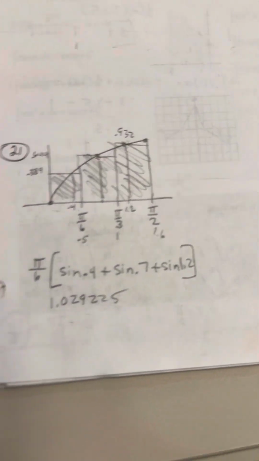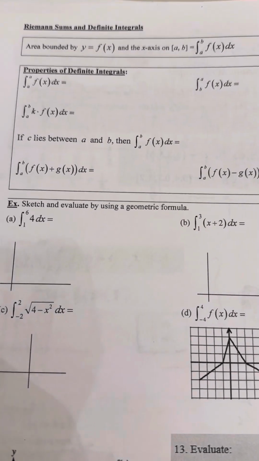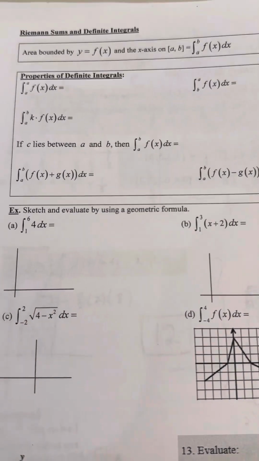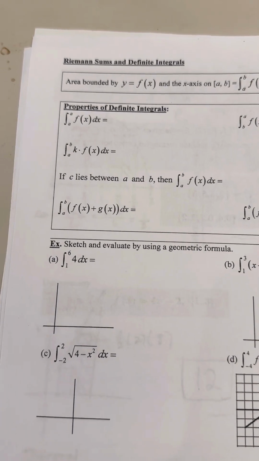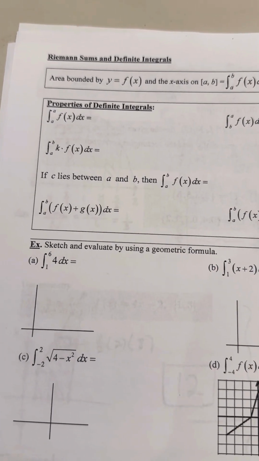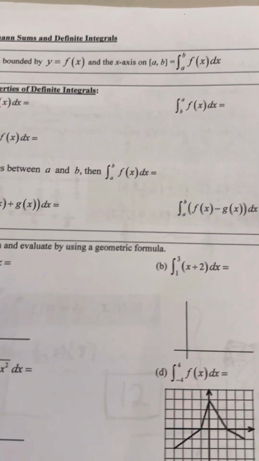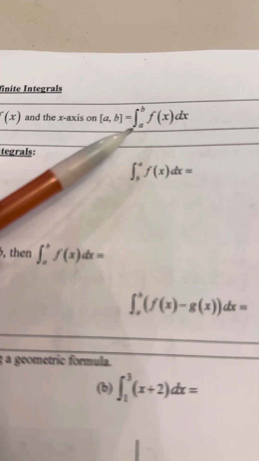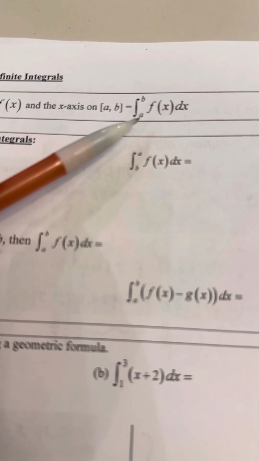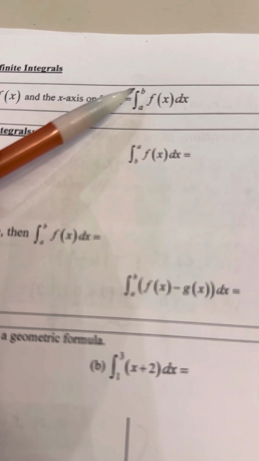Okay, so if you go to the next part, we're going to look at Riemann sums and a few other little properties that you run into. Okay, so first of all, Riemann sums and definite integrals will have numbers at the low point and the high point. And so this will be like your left point and your right point on the function, kind of like we've been doing, okay? So if you go from A to A, the integral value is going to be 0.